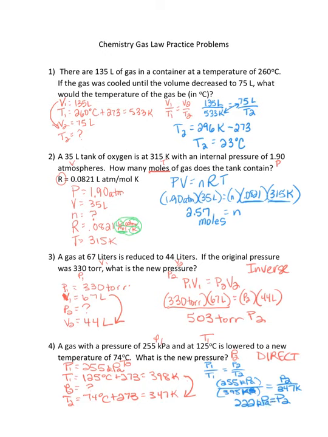And we said if temperature was lowered, pressure would also be lowered, and it was 255, and it went down to 222. All right, so always double check your units.